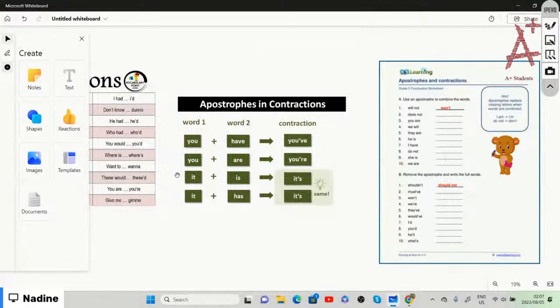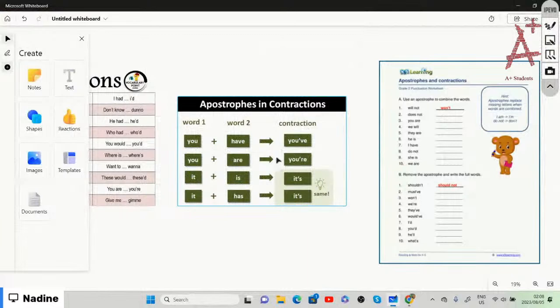So apostrophes in contractions: we have you plus have, so it's like you have. Then our contraction is you've. So you've means you have, or you have is shortened to you've, by adding the apostrophe.